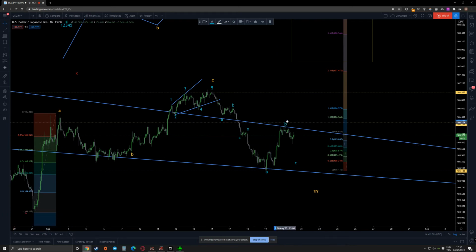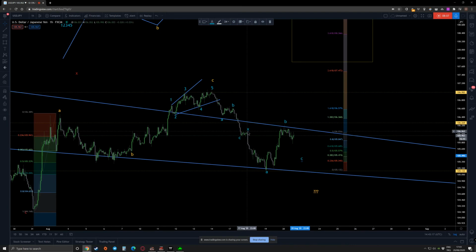But if this is the end of the B wave, which we are not so sure about, look, we have A, B. Now, we should look further at what the market is doing here. If we have a rejection here and go lower, or not. If this is a rejection, we have two options.